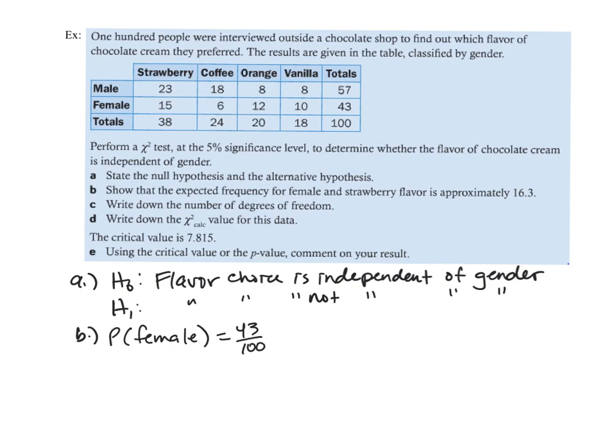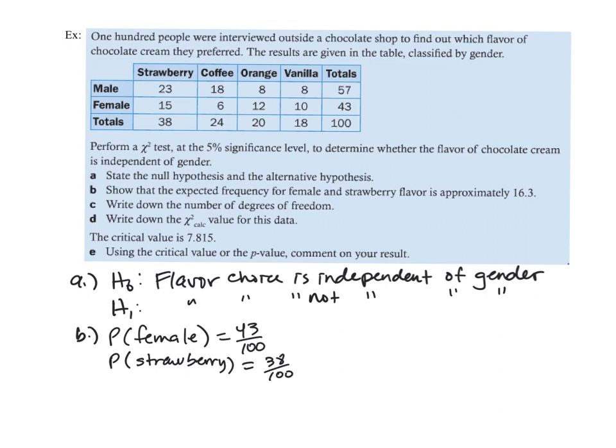Okay, then let's find the probability that a person likes, oops, not red, I'm thinking about the last example. What is it? Oh, strawberry. The probability that a person likes the strawberry cream. If you look at the table, there were 38 total strawberries out of 100 total. So that would be 38 out of 100.